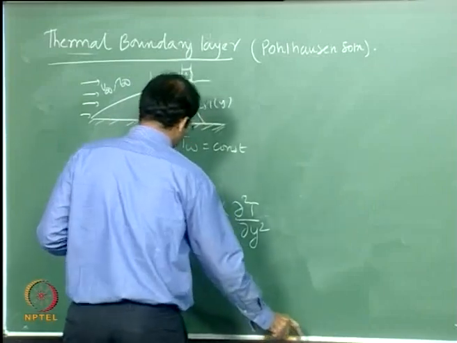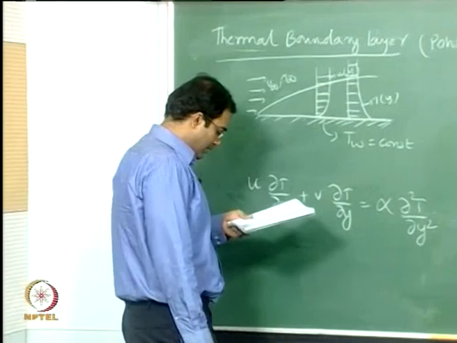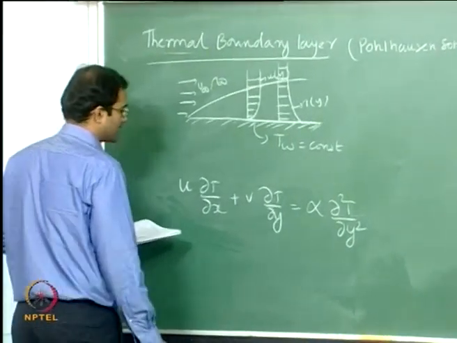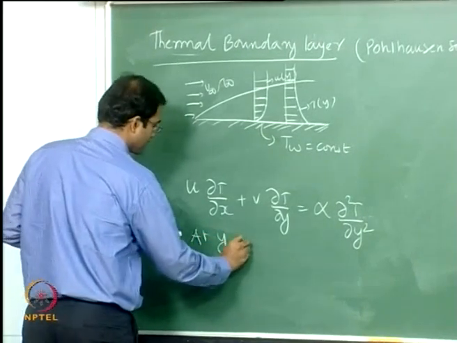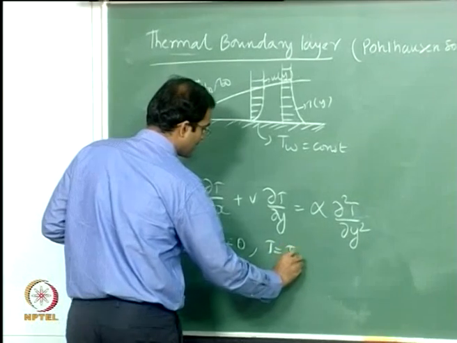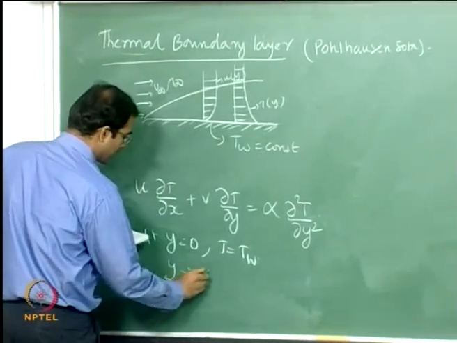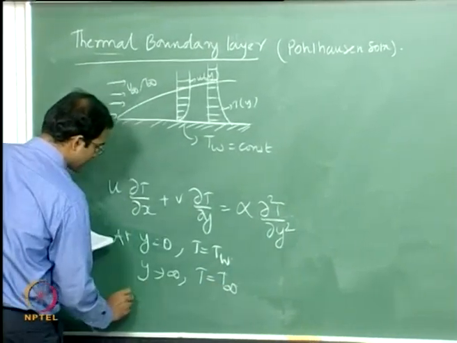So therefore it gets much more simplified. Now, what are the boundary conditions for this? At y equal to 0, T equal to T wall, and y going to infinity, and at x equal to 0.